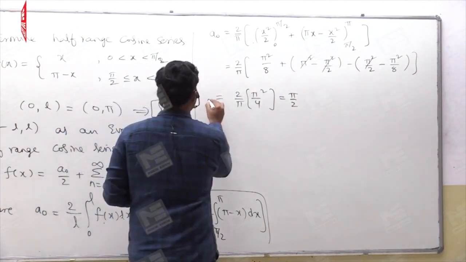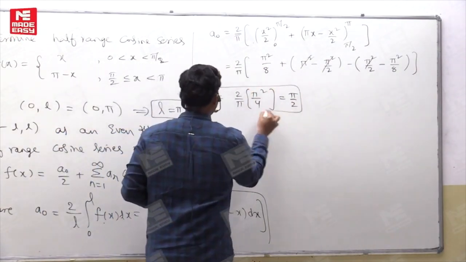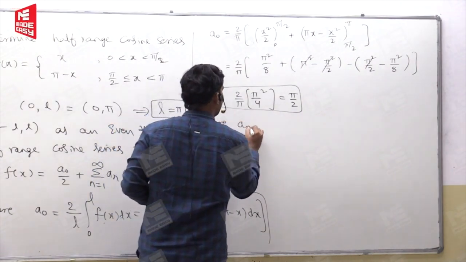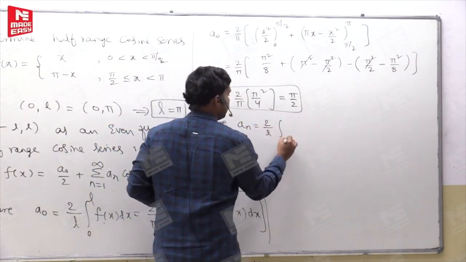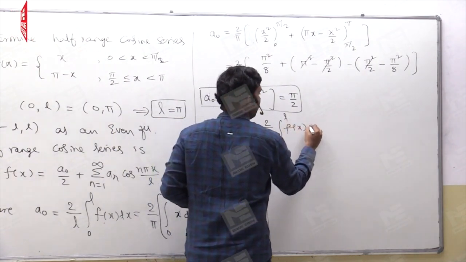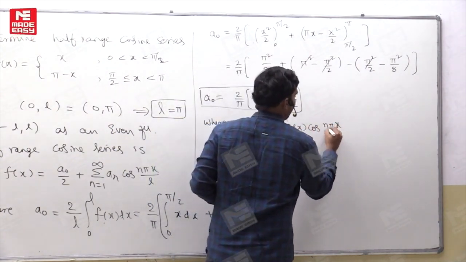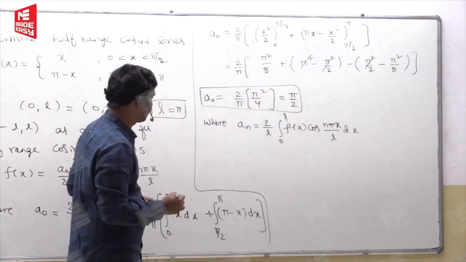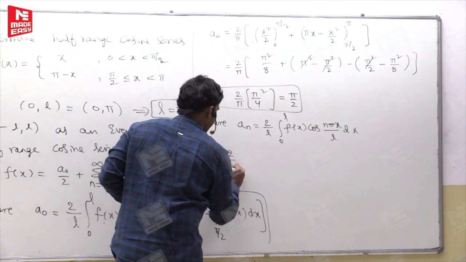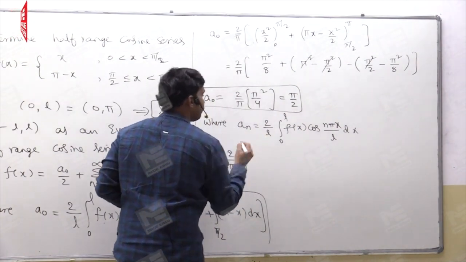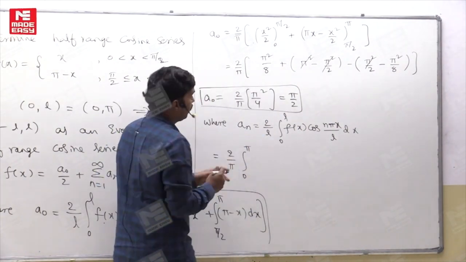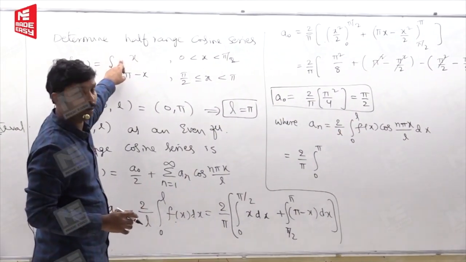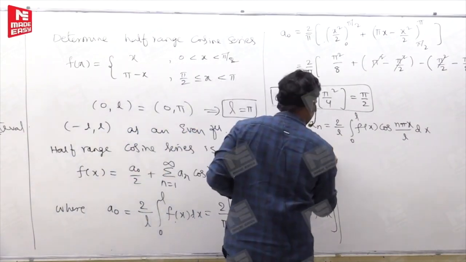So this is the a naught value we have to find, and now a n is to be found as 2 by L integral 0 to L f of x cos n pi x by L dx. That is here 2 by pi, 0 to pi. Again, as f of x is split because it is a piecewise function at pi by 2, we split the integration at pi by 2.